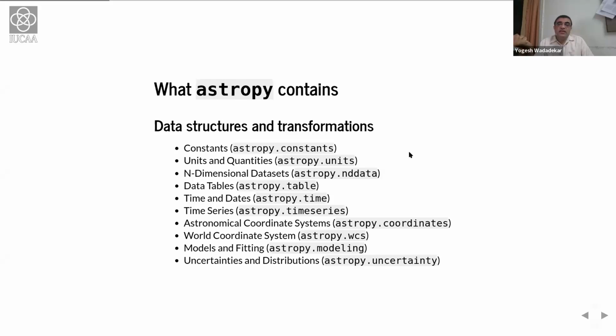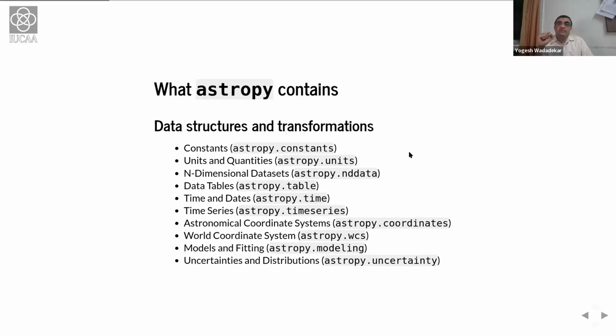And the philosophy in Astropy has been to not repeat what has already been defined in SciPy. So in scipy.constants, you will find other physics constants like the speed of light or Newton's constant and so on defined there. These are not again defined within Astropy, but the astronomy specific constants are definitely defined here.